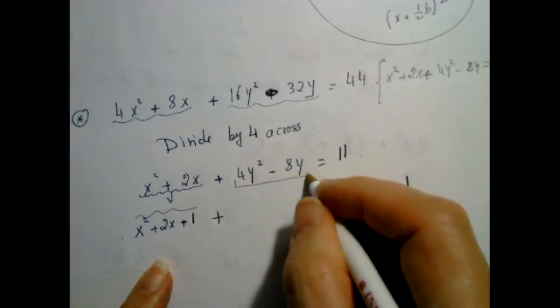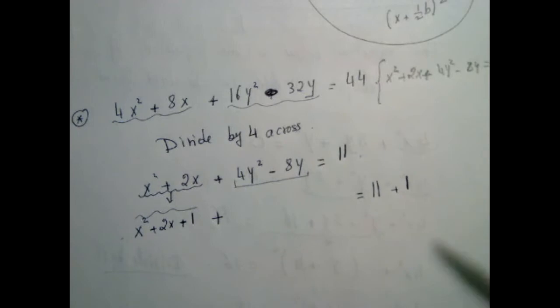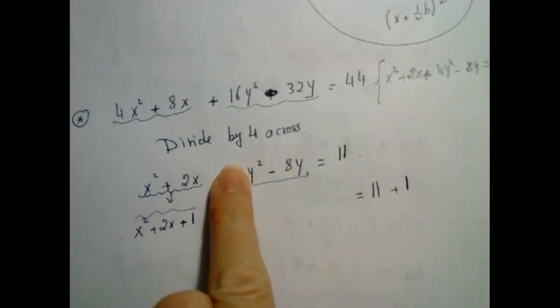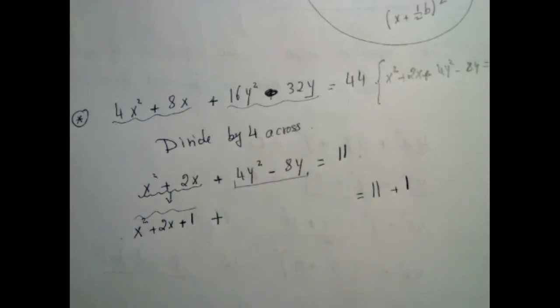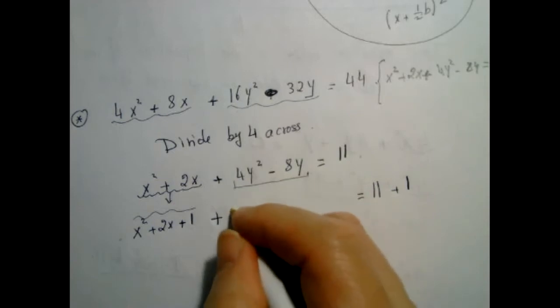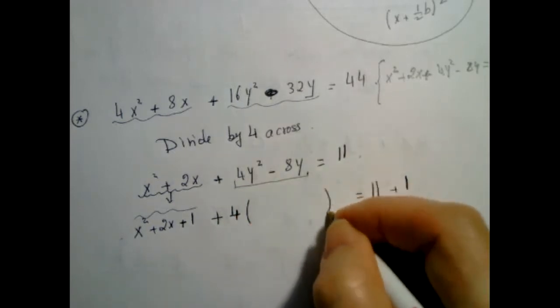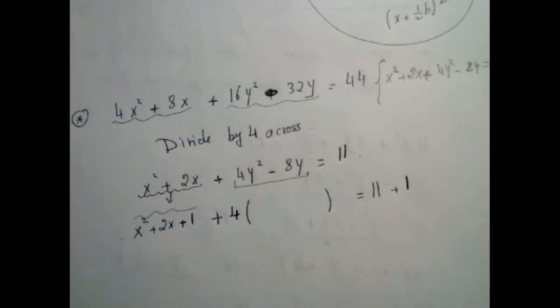What can I do here? The algorithm works only if y squared is multiplied by 1. Now, if y squared is multiplied by 4, what I'm going to do, and watch carefully how we're going to do it. Step number 1, I'm going to factor out the 4. So listen very carefully, not the 4y.